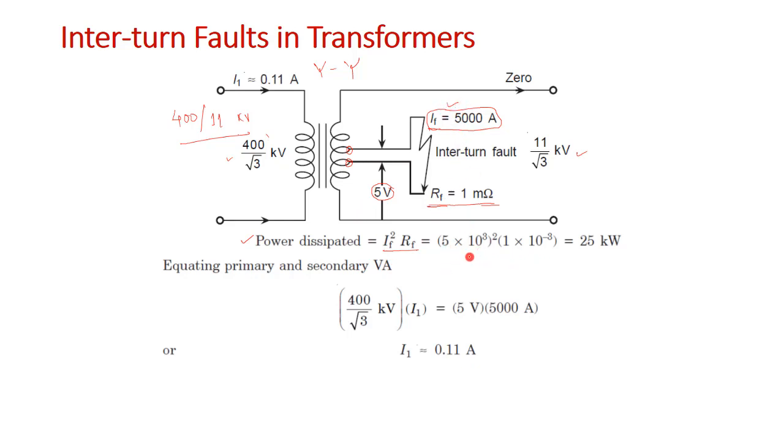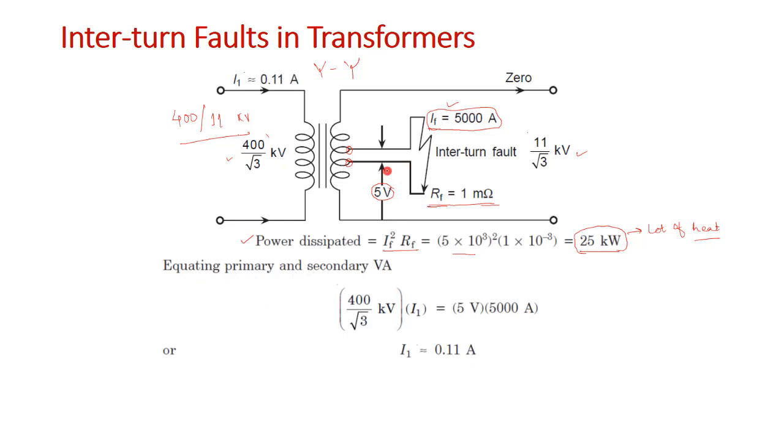Substituting the values, it will be 5000 square into 1 into 10 to the power minus 3, which is around 25 kilowatt. So 25 kilowatt is a very high value, and it produces a lot of heat. Because of this, the windings become heated up, and it deteriorates the insulation of the winding, and causes further faults in the windings.